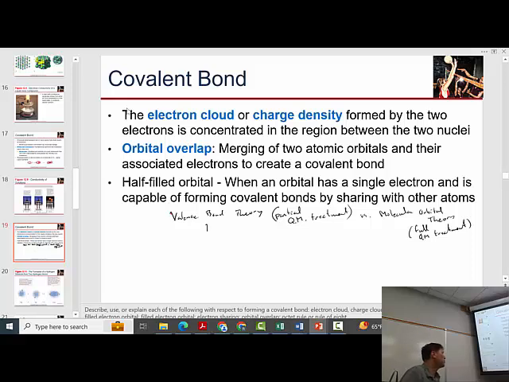Now, valence bond theory describes the bond as being overlap of atomic orbitals. So bond equals overlap of atomic orbitals. The atomic orbitals, we have the s, the p, the d, etc. Those are the atomic orbitals. In MO, we have new orbitals that form. These are called molecular orbitals.